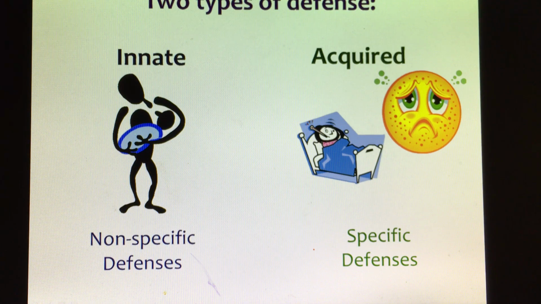So I had chickenpox in 5th grade, and now I have acquired immunity against any future cases of the chickenpox. If I ever get exposed to that virus again, I have a memory against it, and I will be immune. So that's my acquired immunity. With innate, these are nonspecific defenses, such as my skin or other extracellular or intracellular defenses.